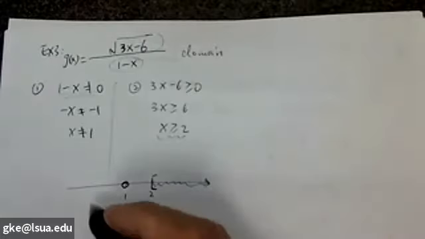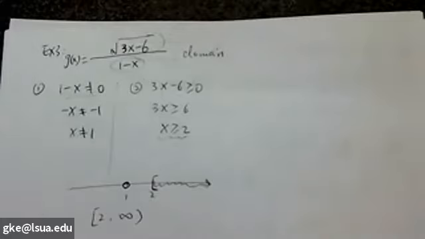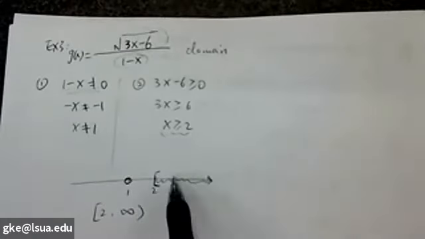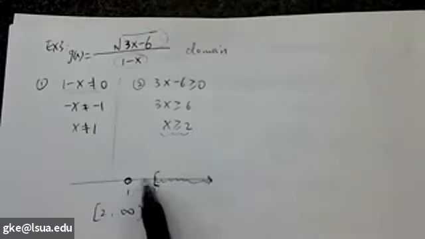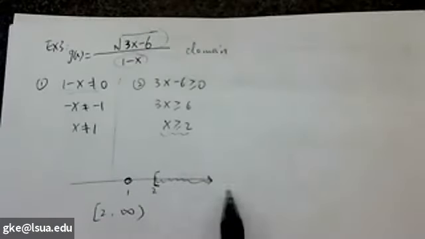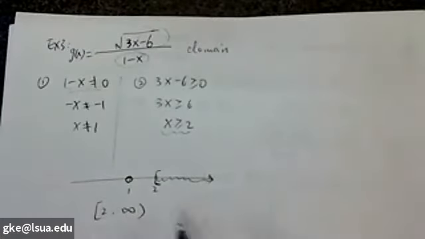So that means the interval should be from 2 to infinity, because this breakpoint is not located here, right? Did you see it? So it's nothing to do with the solution. Doesn't matter, because x is greater than or equal to 2, right?